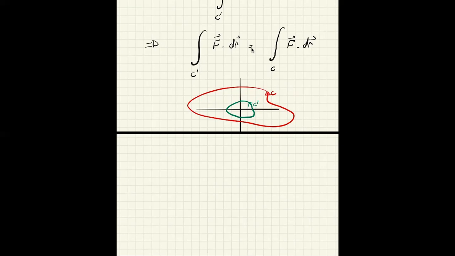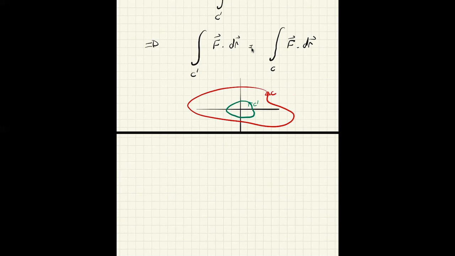Even if you choose some very weird curve with a very complicated form, and you compute the line integral, it'll give you exactly the same thing as on a simpler curve. That's what we've just proved.